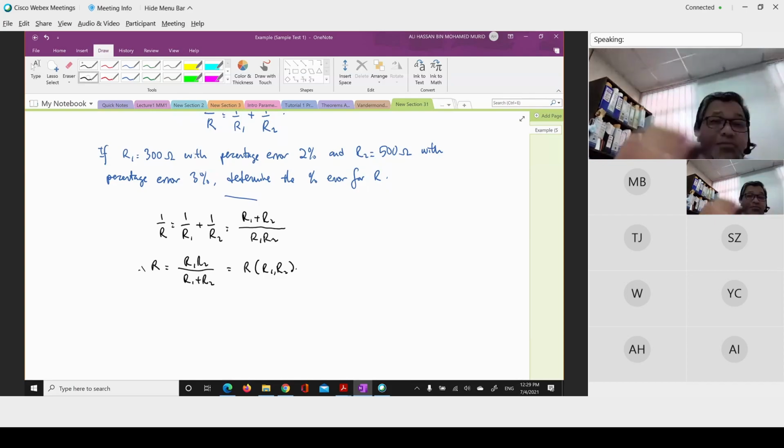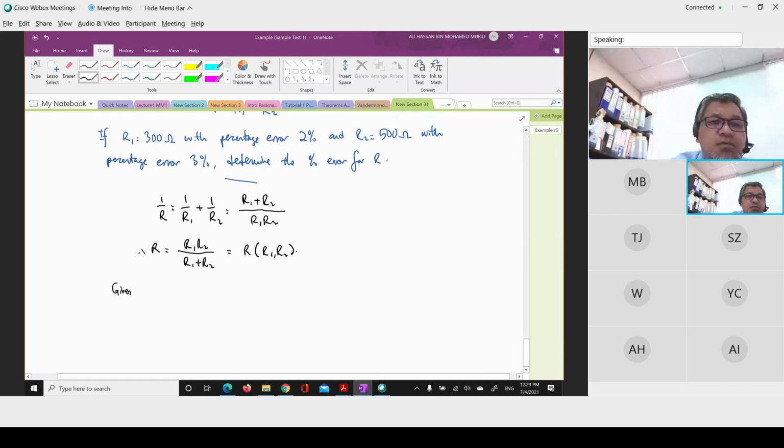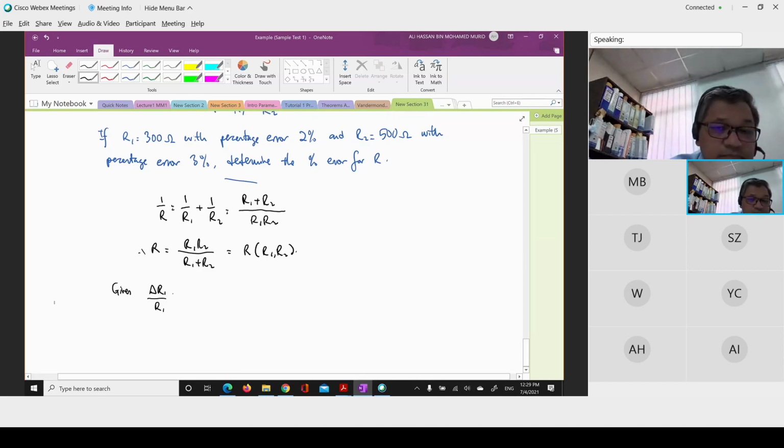So what is given here? We are given the percentage error for R1 and the percentage error for R2. Percentage error is written as delta R1 divided by R1 times 100% equal to 2%, right?